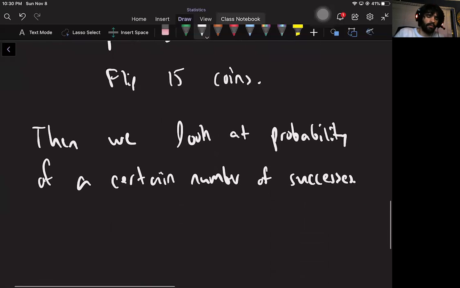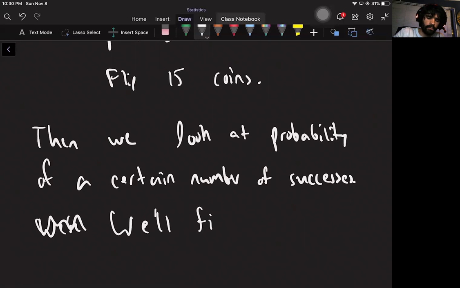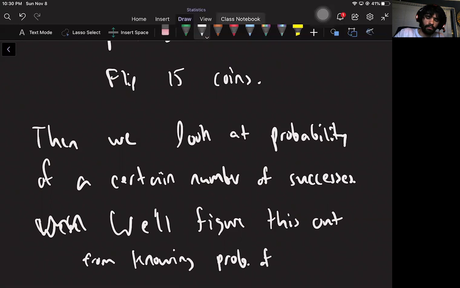So the nice part is we're going to figure this out just by knowing the probability of one success. So let me write it like this. So we'll figure it out from knowing just the probability of a single success.